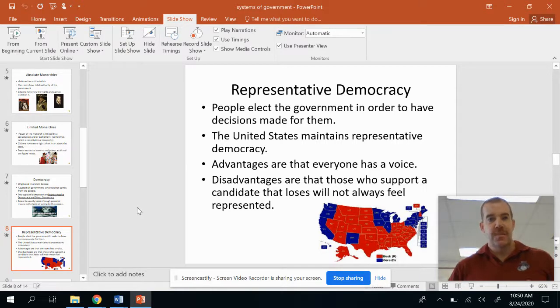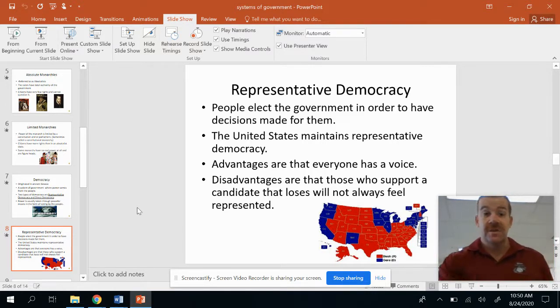So the person we elect will make our decisions for us, or make our decisions in a way that represents us, for lack of a better term.